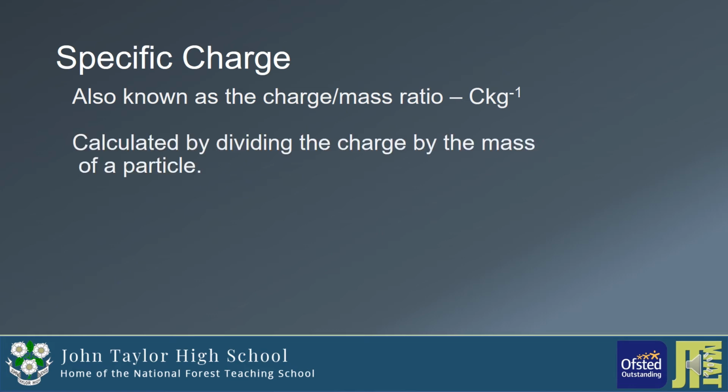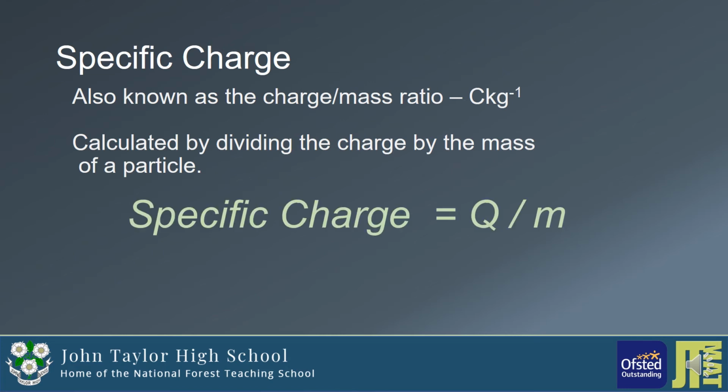The purpose of doing that is because there will be certain behaviours of the particle, particularly when placed in electric and magnetic fields, that are determined by both charge and mass. So perhaps the motion of the particle will be determined by this charge to mass ratio. It's a really key thing, and it's usually easier to measure the charge to mass ratio of a particle than it is to measure the charge or the mass independently as well.